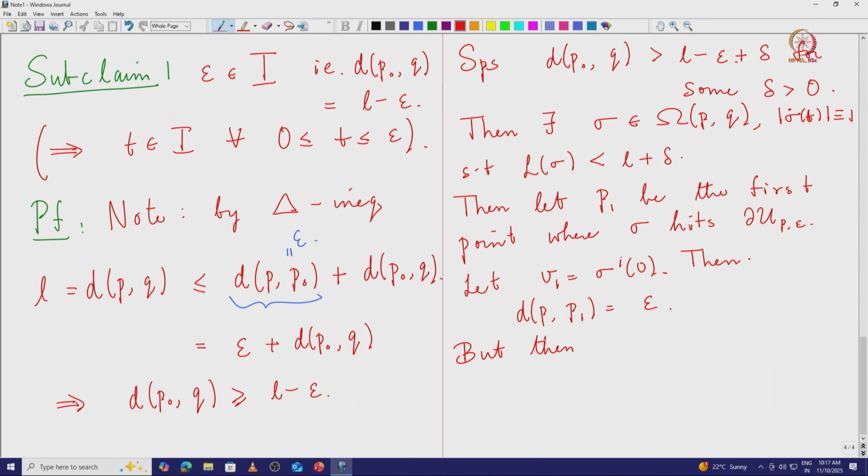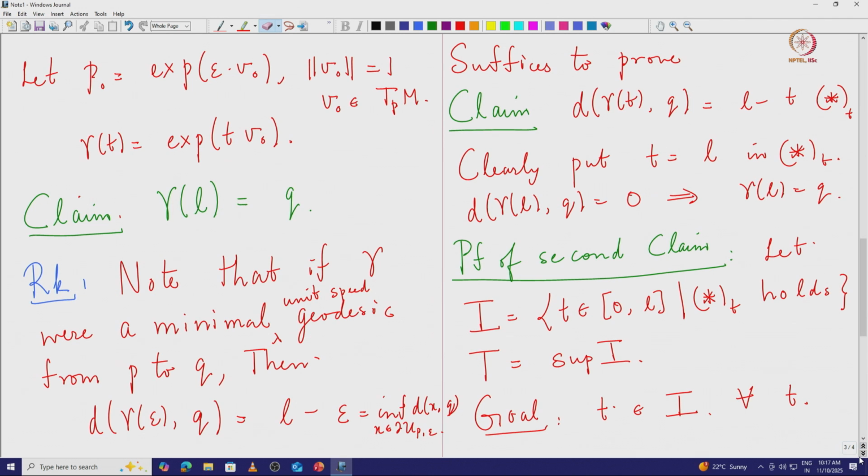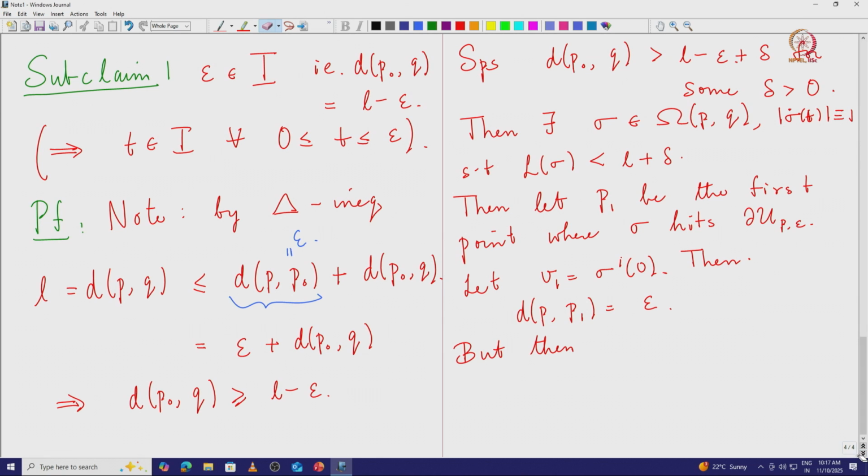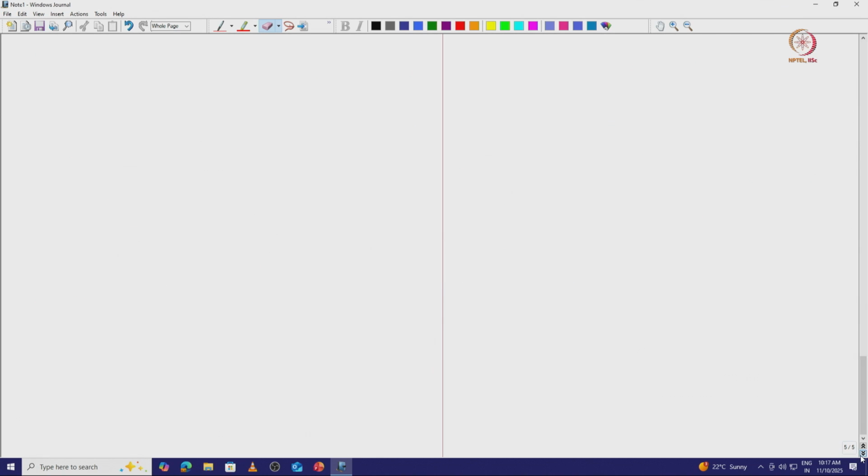But then as a consequence of this, if you take the distance of P1 to Q, maybe let me just draw a little picture on the next page. So the situation was, we have our P here, we have our Q here, and this was our P naught.